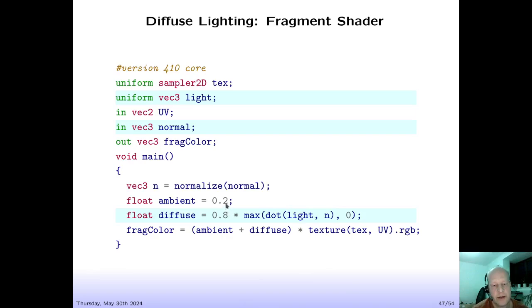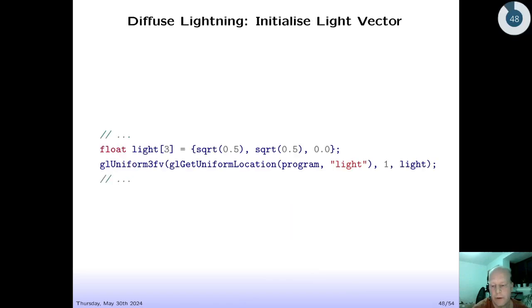We also add an ambient term so that dark regions are not going to be black. We basically add the ambient and diffuse components and multiply that with the color. Then in the program, you need to set up the light vector.